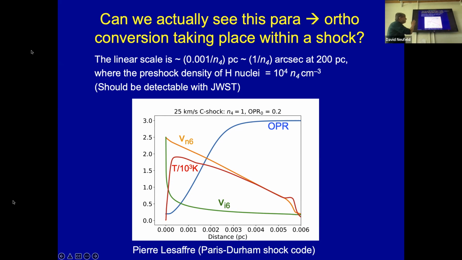So if this picture is correct, you might expect, unless the shock was moving perpendicular to the direction that you're viewing it, but if there's any component along your line of sight, then there would be a correlation between the velocity, which would show up as a redshift, and the ortho to para ratio.